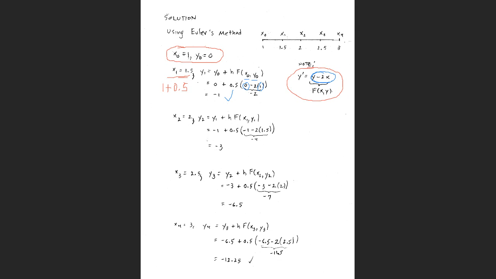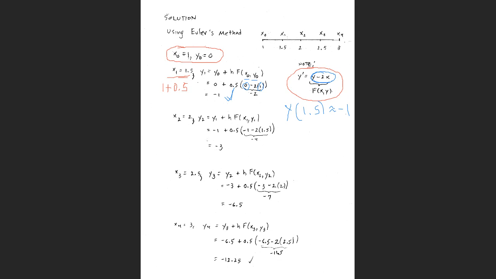And so on my first iteration, y1 is equal to negative 1. And what does that mean? This means that y of 1.5 is approximately equal to negative 1, based on this result here.